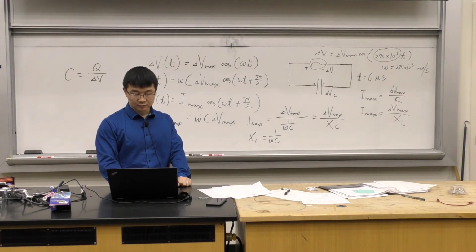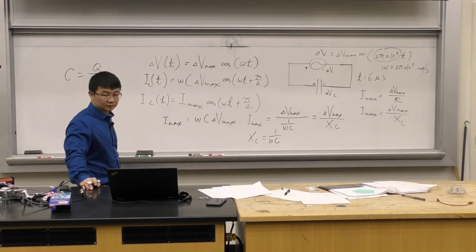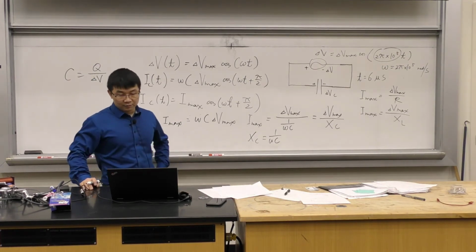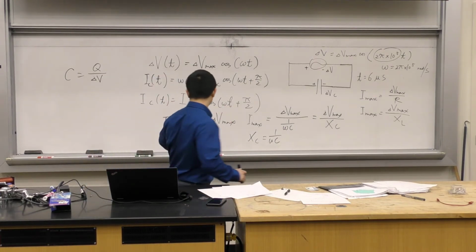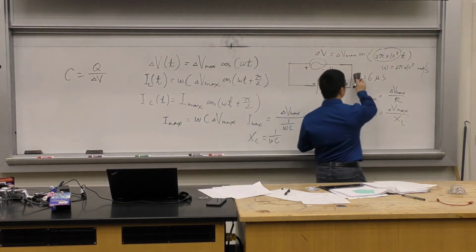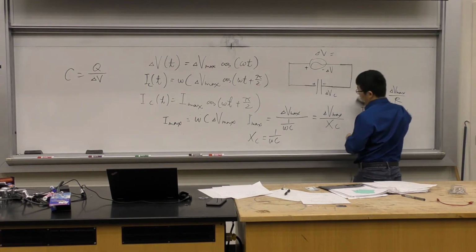Now again, let's practice this theory. Take a look at the question on slide 7. A capacitor is connected to an AC source. I'm going to erase all these numbers. What is the voltage we get?